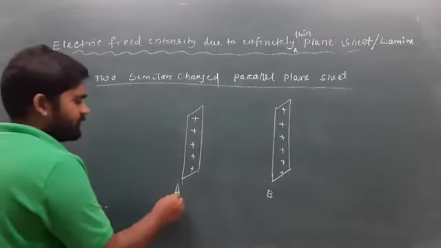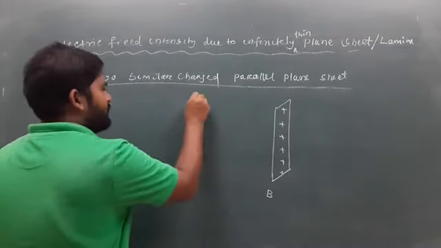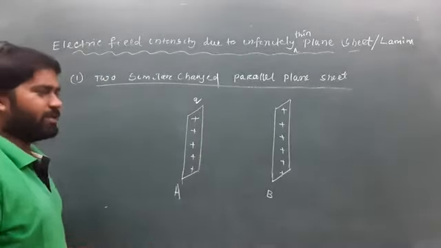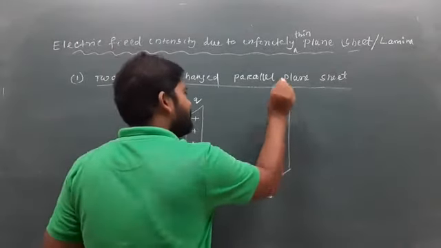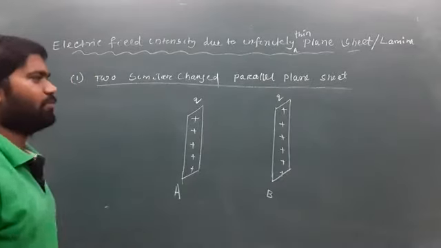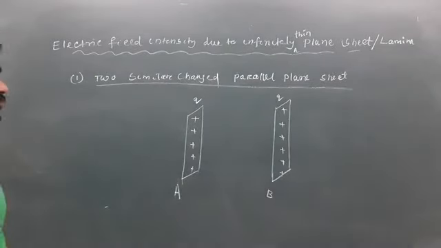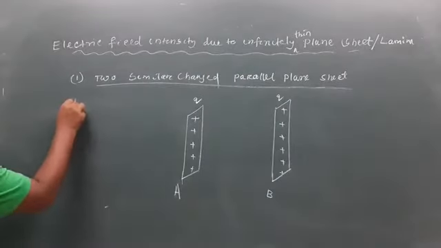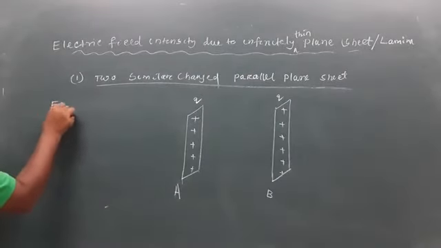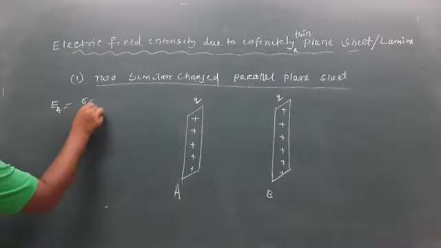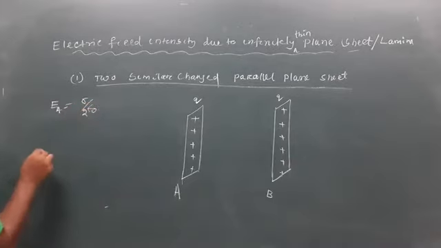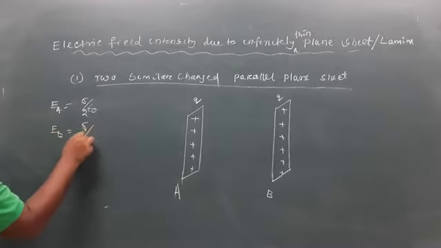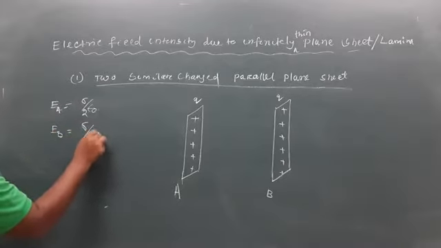So for plane sheet A, the charge will be plus q, and for B its magnitude is also plus q. So for any plane sheet the electric field intensity will be EA equals sigma by 2 epsilon 0, and like that EB equals sigma by 2 epsilon 0.